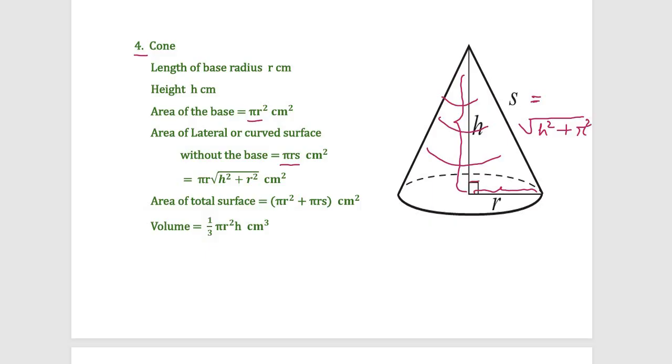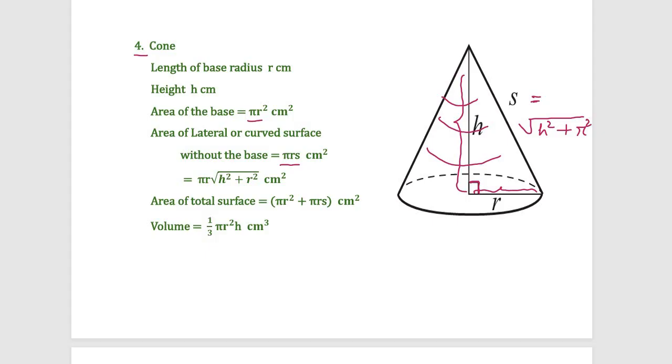Since it is a right angle, we can apply Pythagoras theorem to get the value of s in terms of h and r. So we can write the area of the lateral or curved surface in this way: pi r square root of h square plus r square centimeter square.